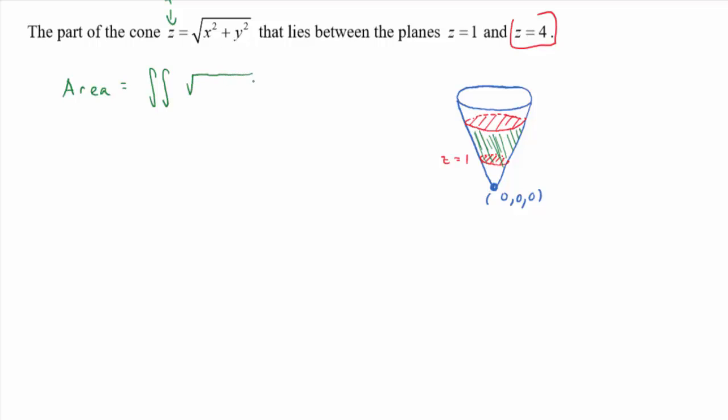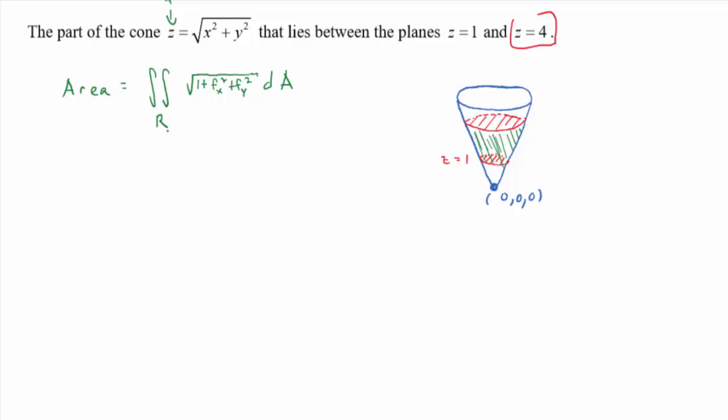Square root of something times dA, right? So 1 plus the partial of f with respect to x squared, plus the partial of f with respect to y squared. Would you buy that so far? Over some region R, we still have yet to determine what that would be.